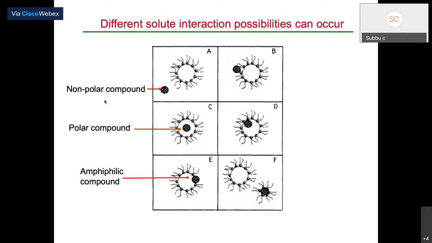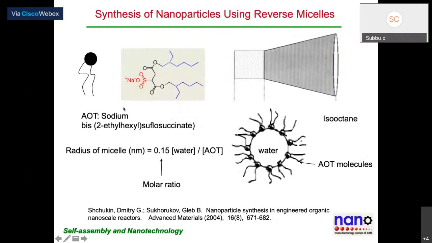When you have a micelle, depending on the polarity of the medium, say for example in a water medium, the head is hydrophilic and the tail is hydrophobic. When you put in any polar compound, it goes into the hydrophilic region. If you put in any hydrophobic one, it settles somewhere on the surface. The radius of the micelle can be controlled by taking the water to surfactant ratio.